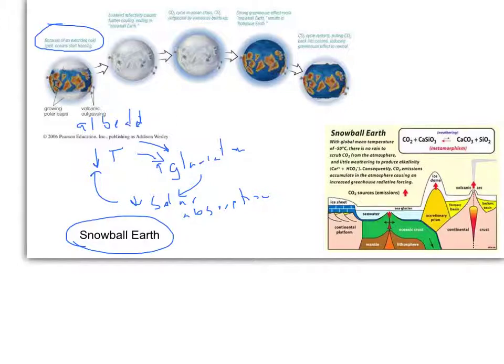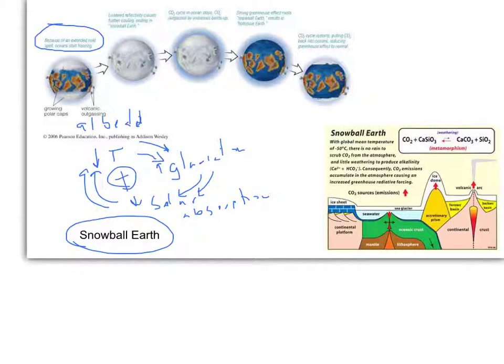which only allows the glaciers to expand more and more, which reduces even further the amount of sunlight absorbed by the Earth, which further reduces the temperature. So you can see that this process is a positive feedback loop, where the changes throughout the loop reinforce the rest of the loop.